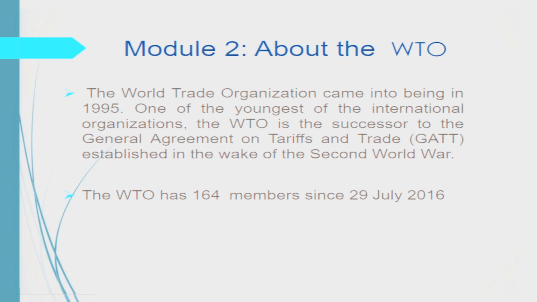So after the GATT came into existence, it continued, and later on there were several conferences, the Uruguay Round of conferences, and finally that led to the idea that a new organization has to be started. During those conferences it was decided the World Trade Organization will be established, and it came into function in 1995.